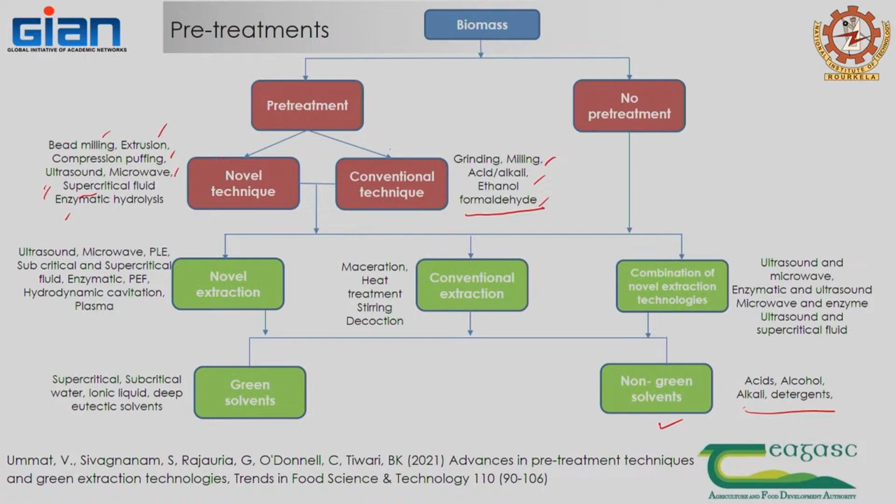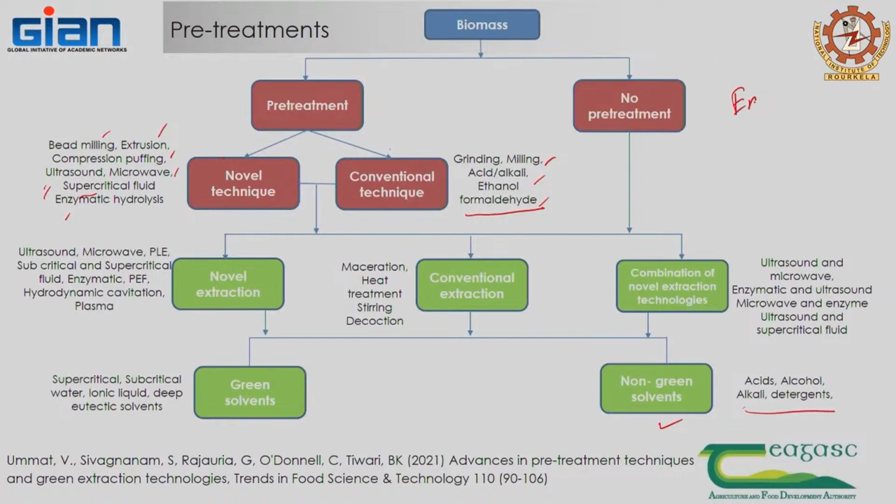Novel means new, it is not that it emerged yesterday. We keep calling it novel till the time it is having application at commercial scale. It's very similar to pathogens, we call them emerging pathogens. Can you name any emerging pathogen? Say for example, E. coli.